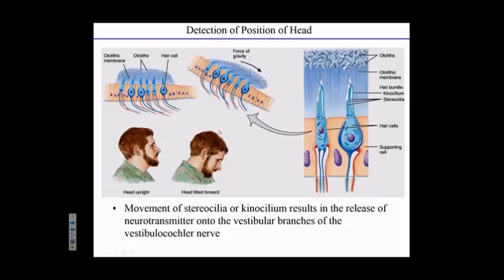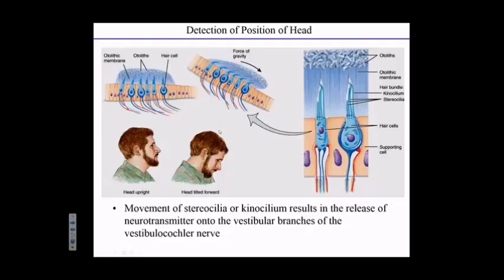So the semicircular canals are in different directions. Remember what they look like? They were in different directions. That allows you to sense movement in different directions. You have a three-dimensional perception of the environment when it comes to movement because of the architecture of the semicircular canals, each in a different plane.